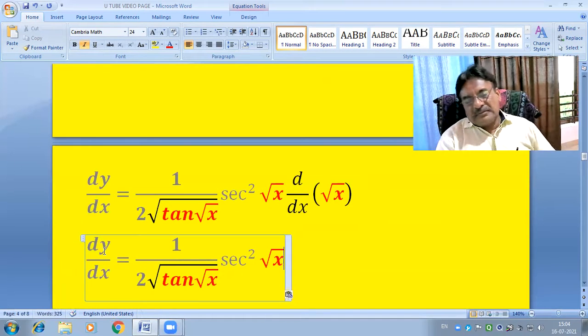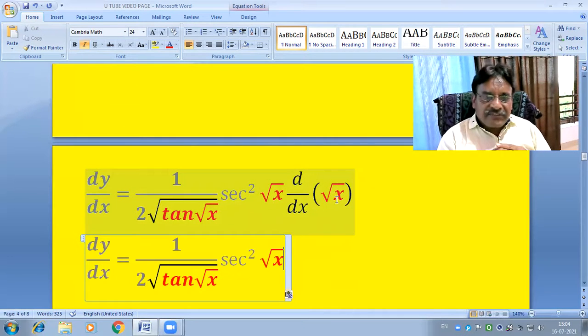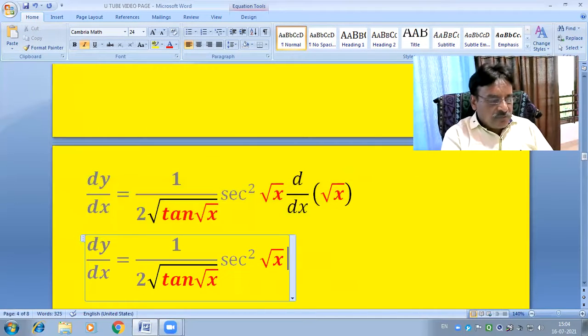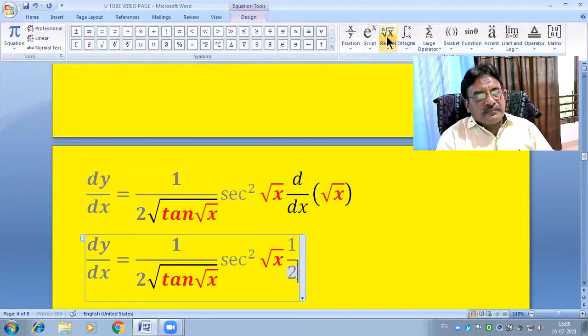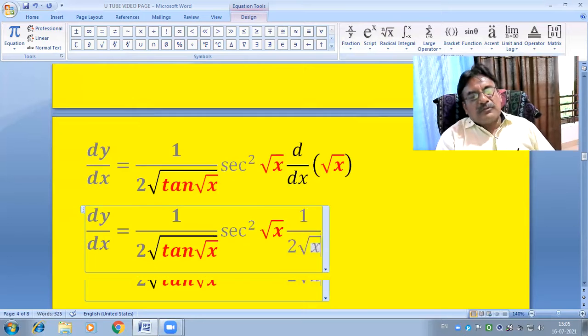Then we find d/dx of root x, which is a standard function: d/dx of root x is equal to 1 by 2 root x.